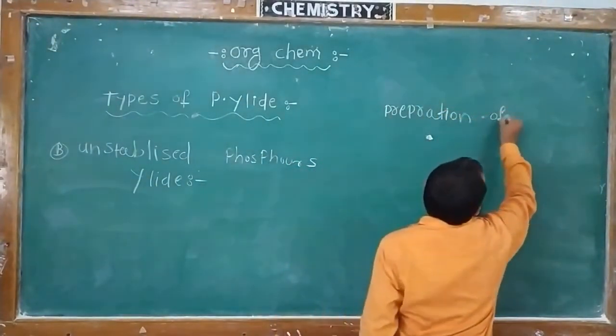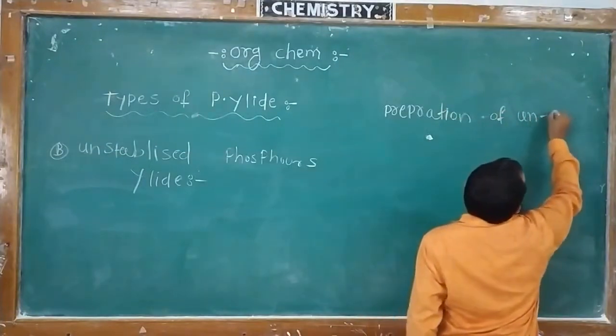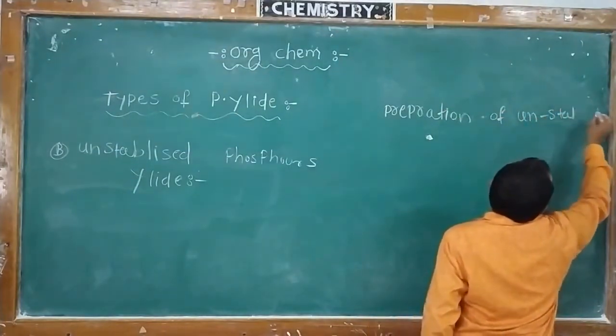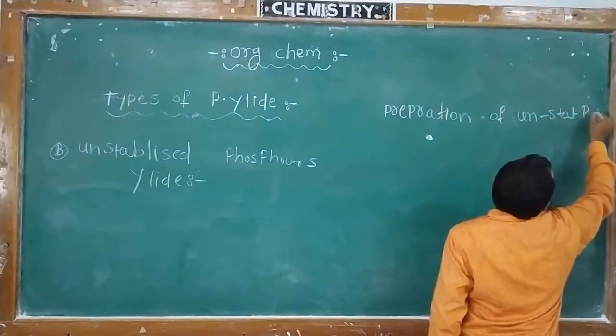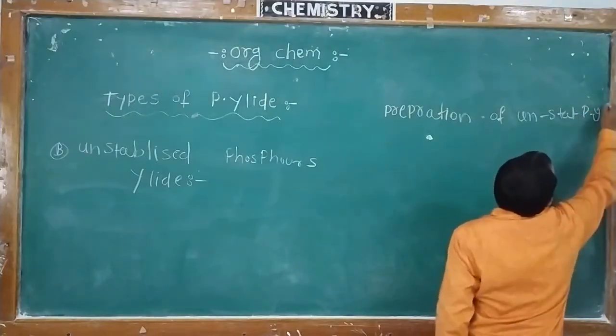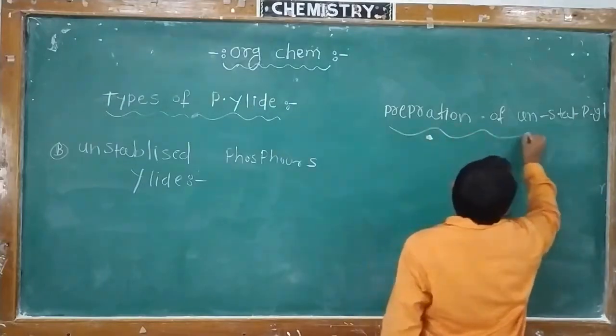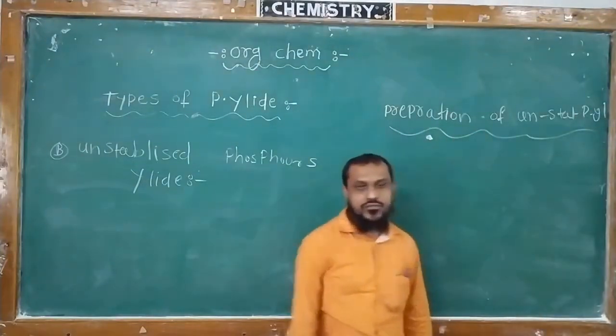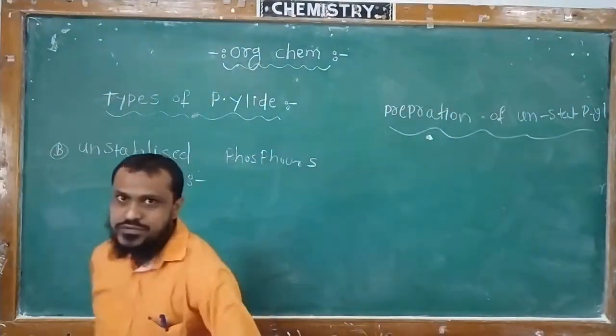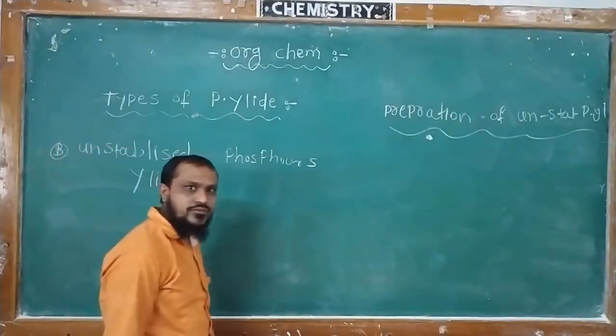Preparation of unstabilized phosphorus ylide. So the preparation of unstabilized phosphorus ylide consists of two steps.